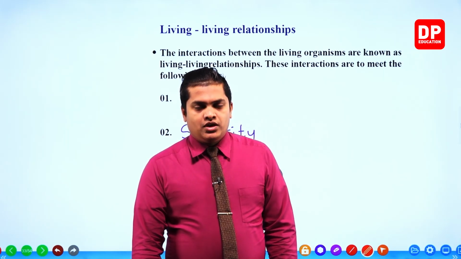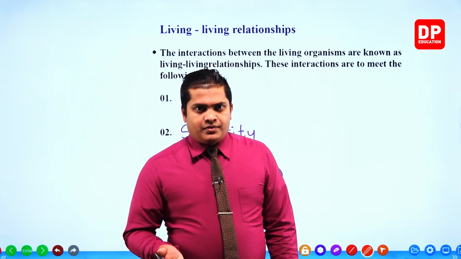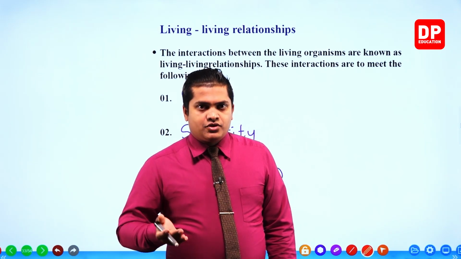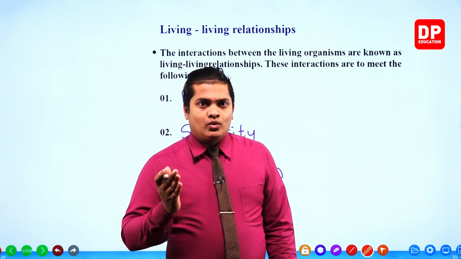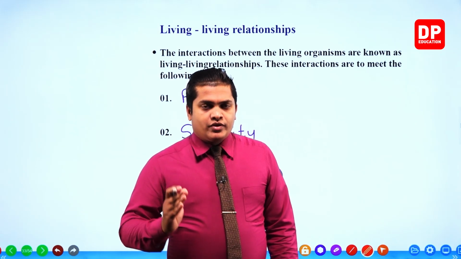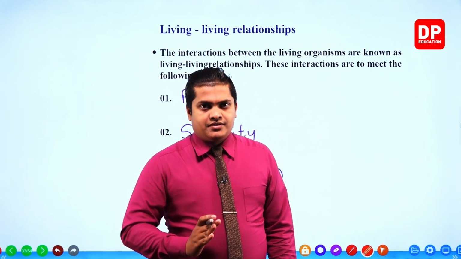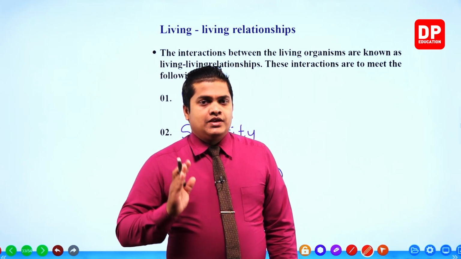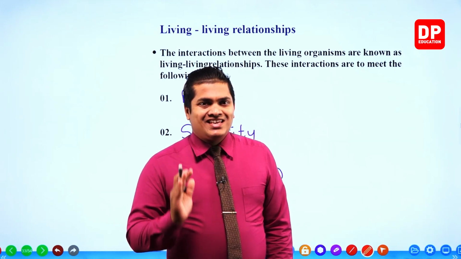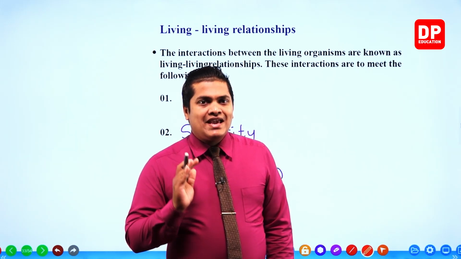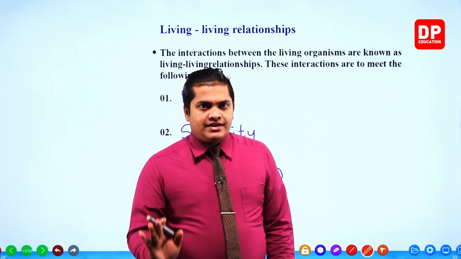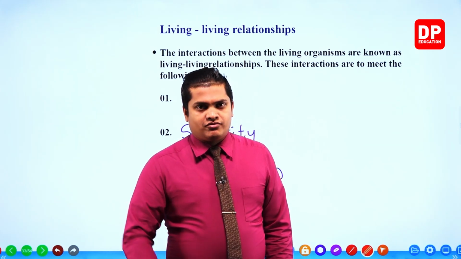If you take a certain individual, when it needs to reproduce, it is going to find a certain mate. So these are the three main key relationship areas that we can identify under living relationships.